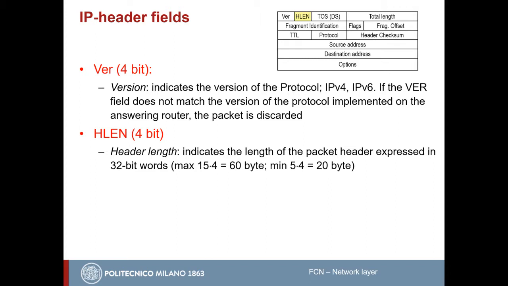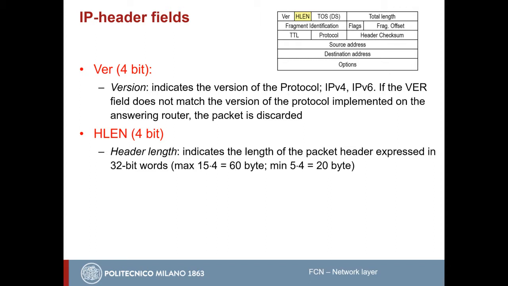Then we have another field, again using 4 bits, which is the header length, and this indicates the length of the header expressed in 32-bit words. So if you want the size in bytes, you have to multiply the number contained in this field by 4. Okay.